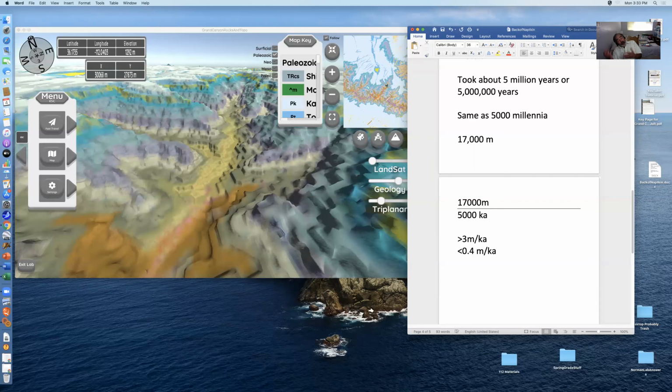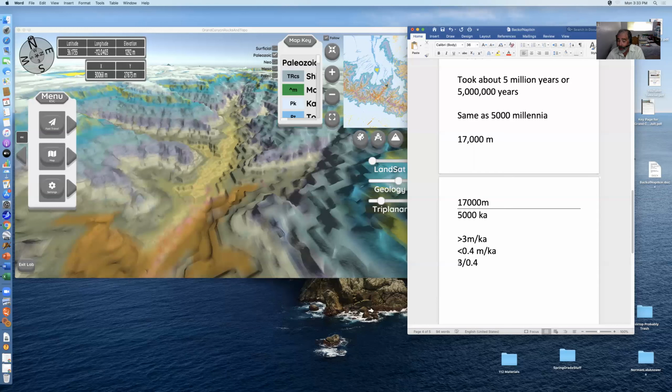So I hope you can see that the rate of widening at this particular place with Bright Angel Creek is, let's say, about, so let's divide 3 divided by 0.4. And again, it's a little more than 3 and a little bit less than 3.4.